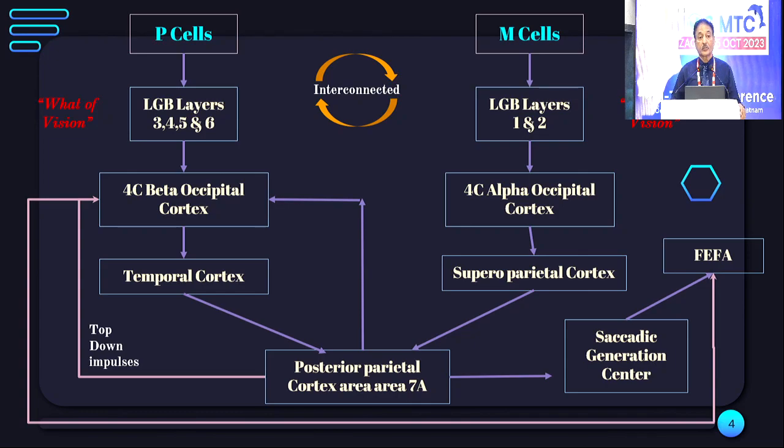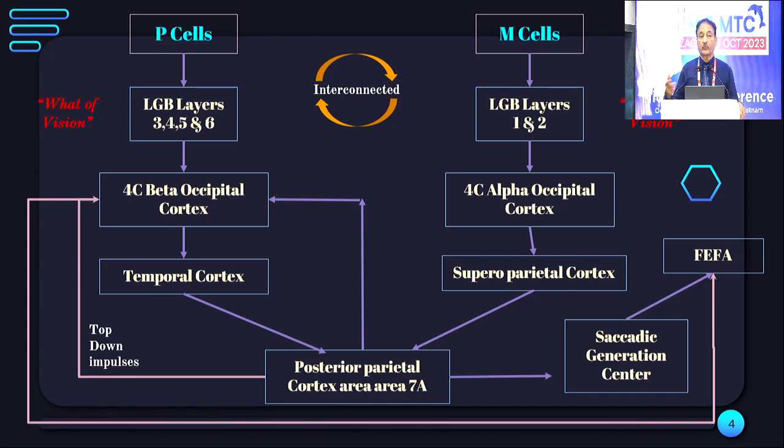This is where the crux of the problem is in amblyopia, that there is a blockage at the level of level 4C beta in occipital cortex, and therefore there is no further transmission of impulse from occipital cortex to the temporal cortex, which is exactly the place where the vision is analyzed.